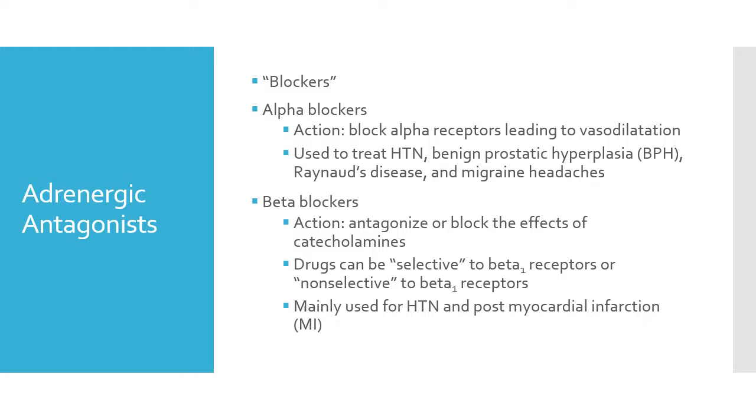They either block alpha-1 receptors in the blood vessels, beta-1 receptors in the heart, alpha-1 receptors in the bladder, neck, and prostate gland. And things to consider would be that within the alpha antagonists, we have selective and non-selective alpha antagonists. Our non-selective alpha antagonists include drugs like phentolamine and phenoxybenzamine.